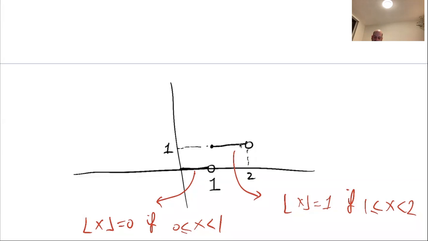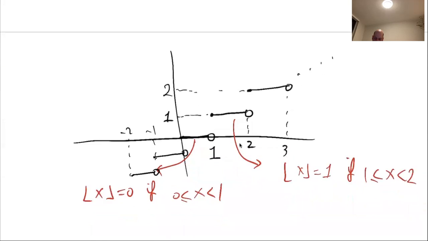So I have a jump here. Fill 3, and this would be 2. And so on. Similarly on this direction also, I have -1 here. And then I have -2 here, and so on.